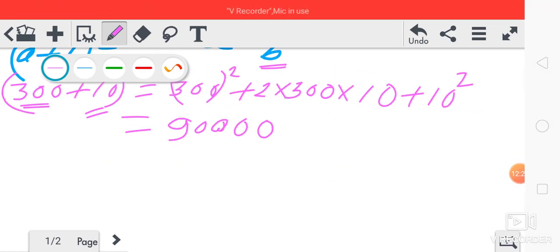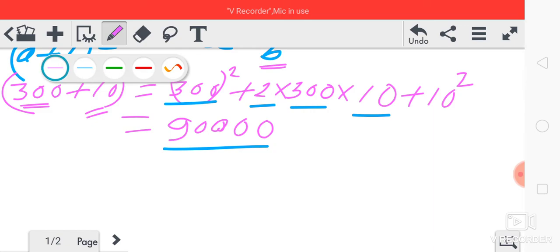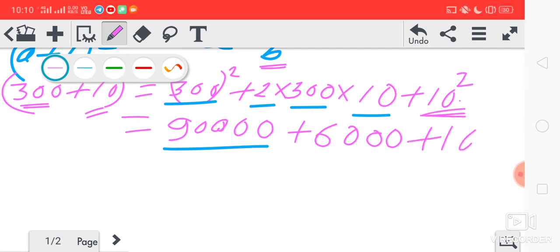So 300 square, this 300 square we are getting 90,000. Then 2 into 300, 600. 600 into 10 will get how much? 600 into 10 will get 6,000. Okay. Then 10 square, this 10 square how much will get? 100.